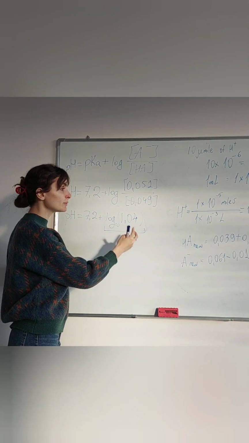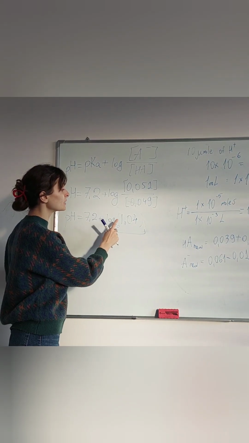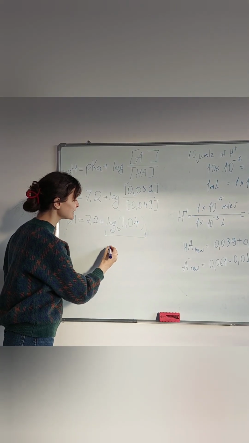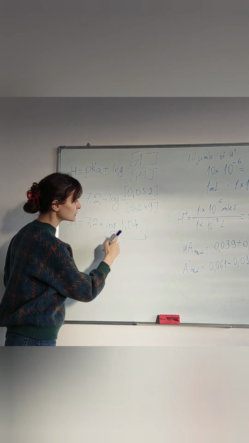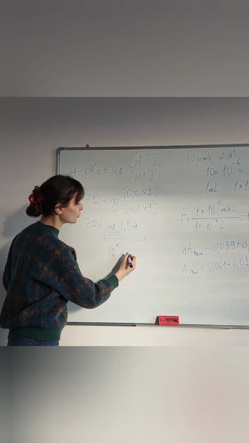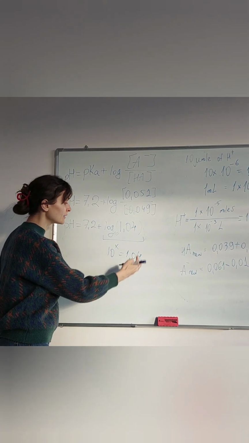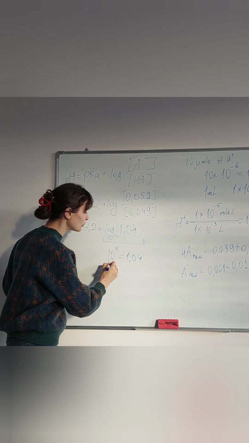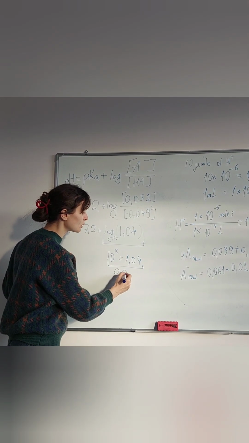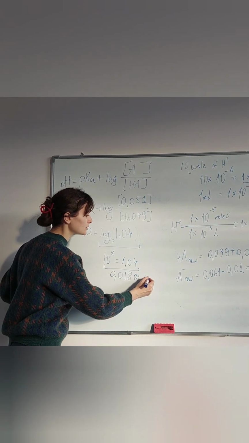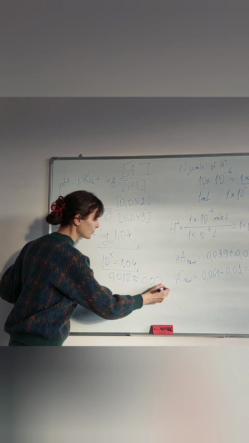Same as before, we have here a logarithm with a base of 10. What that means is that we have to take 10 to the power of something to get 1.04 as a result. We can do it with the help of a calculator, and the result will be 0.018, which is approximated as 0.02.